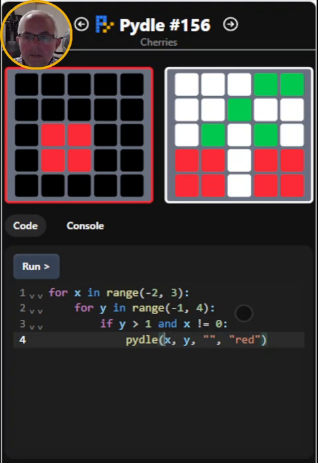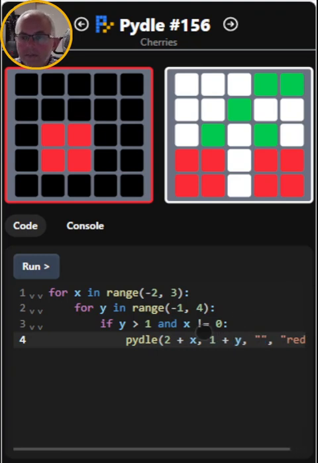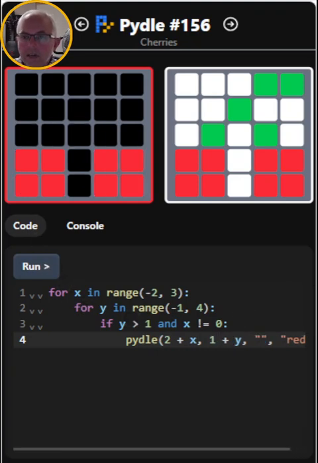Oh, and I need to do some adjustments there. I need to say 2 plus x and 1 plus y. Okay, so there we have our 2 cherries.